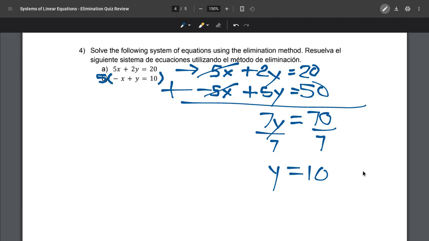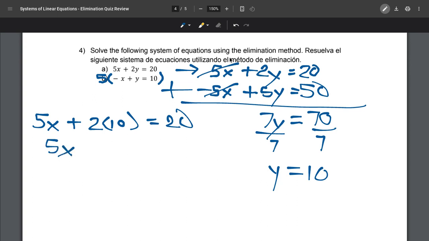Okay. Now we want to find x. So let's take the top equation. We'll do 5x. Doesn't really matter. 5x plus 2 times the y value, so 2 times 10, equals 20. Okay, 5x plus 2 times 10 is 20, equals 20.